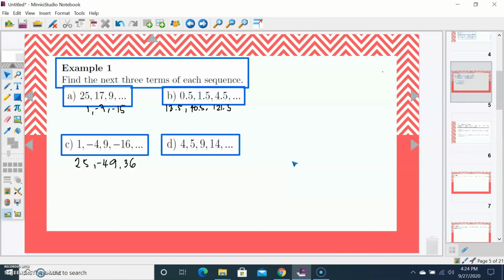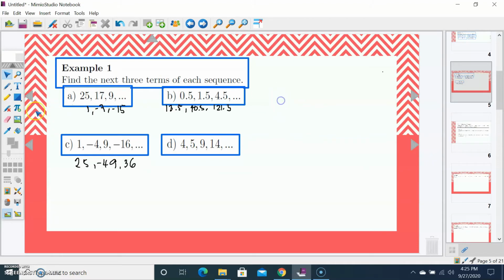So dito, ano ang mapapansin nyo doon sa mga terms ng sequence natin? Lahat sila positive, tama? So we'll be expecting that the next three terms are all positive. That's one observation. Now, is there any relationship among the terms in the sequence? Meron, no?